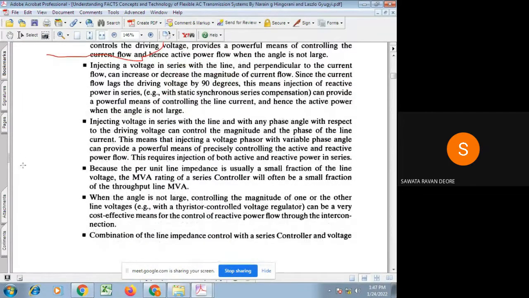Later, there is one point of discussion, that is the rating of that series compensating device. Let's consider that we have a transmission line, and this transmission line is provided with some compensation.